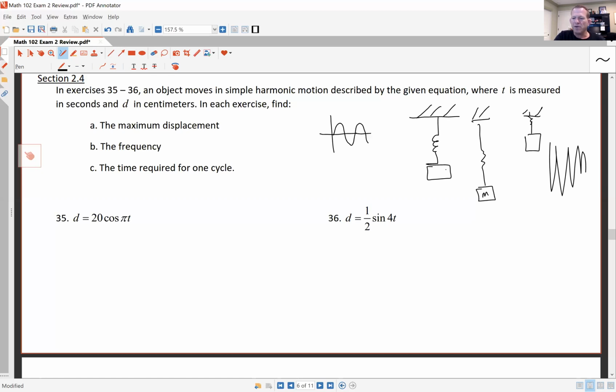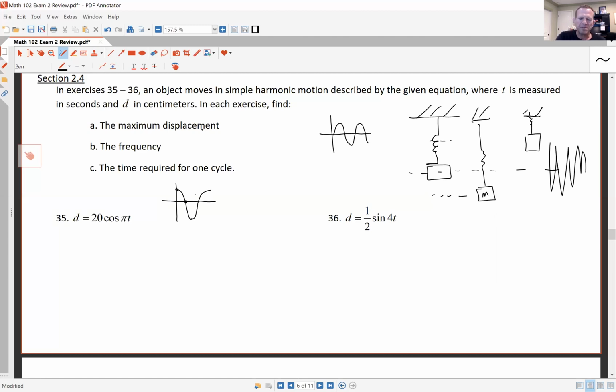And the distance from rest to the extended or the compressed is said to be the maximum displacement. We would always call that amplitude in the past. So if you're looking at d equals 20 cosine pi t as the motion, t is in seconds and d is in centimeters, then that means this one's going to start off at its maximum, go through the middle ground, and then to the compression.